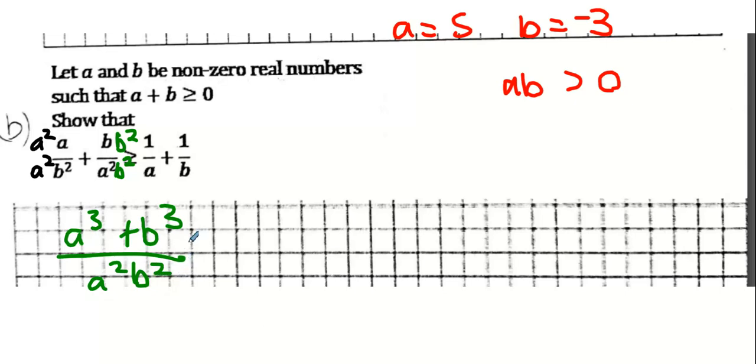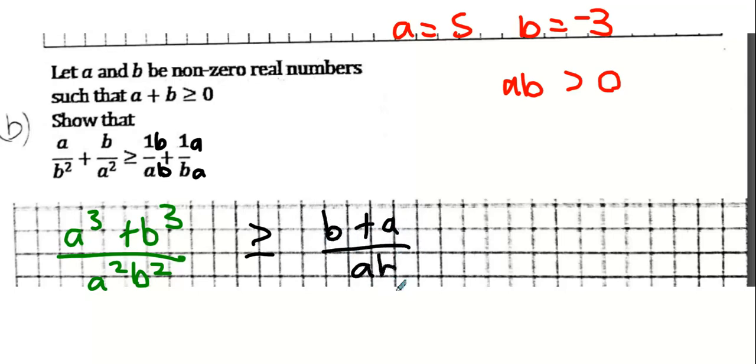We all good? Now, on the other side, I'm going to get a common denominator as well. Put an a here and an a here, a b here and a b here. That makes sense? Who got ab plus a all over ab?